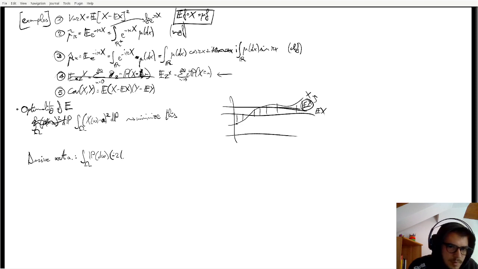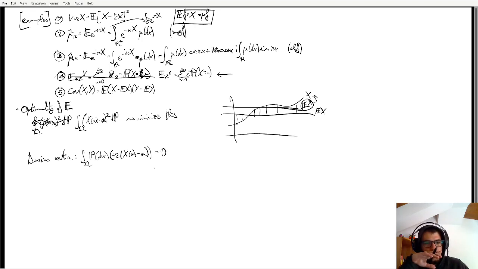Minus 2 times the integral of X of omega minus a equals 0.